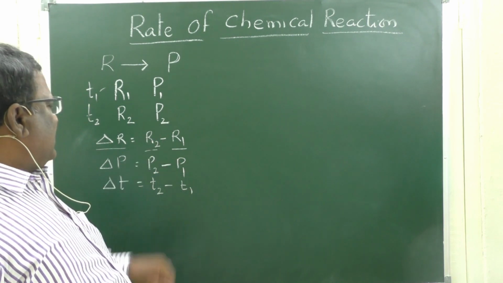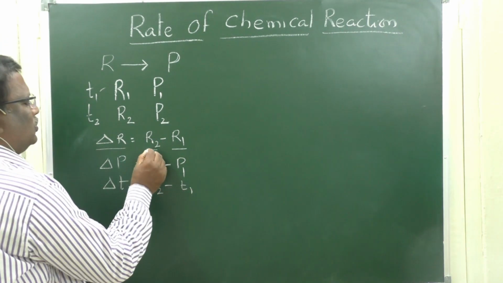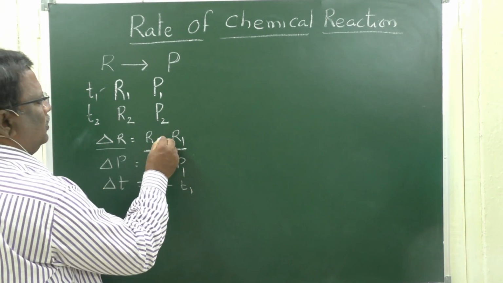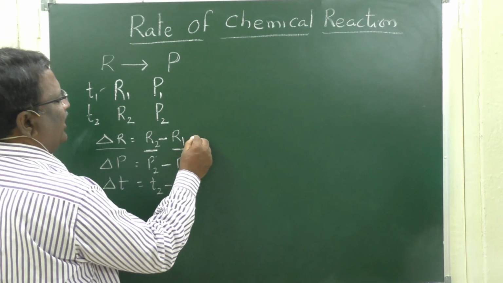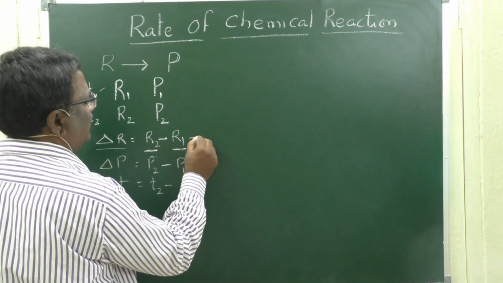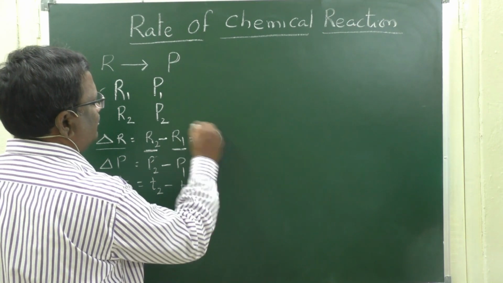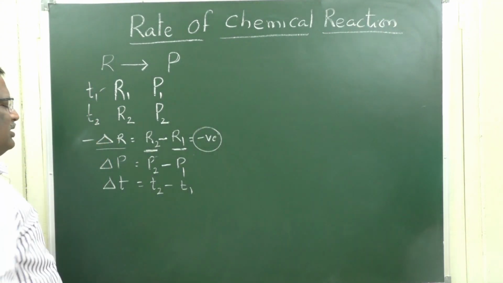So in such cases, R2 is less than R1, so it is always a negative value. So delta R is negative.